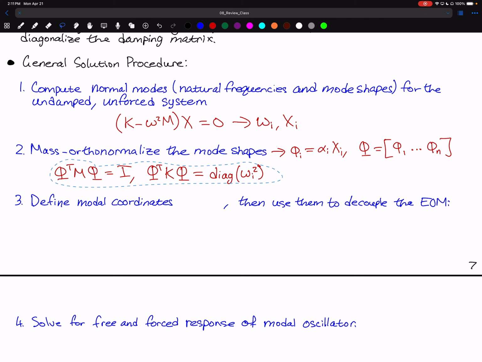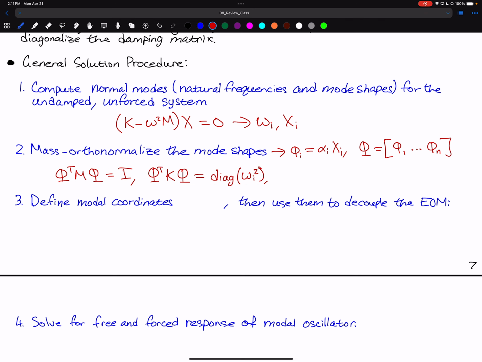And when we apply this to our damping matrix, so phi transpose c phi, this will be equivalent to some diagonal matrix 2 zeta sub i times omega i.